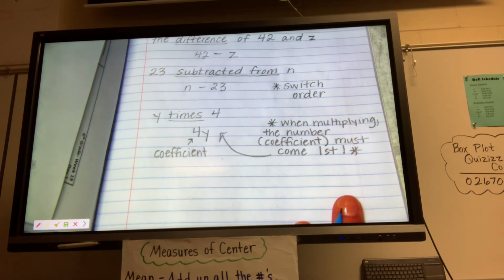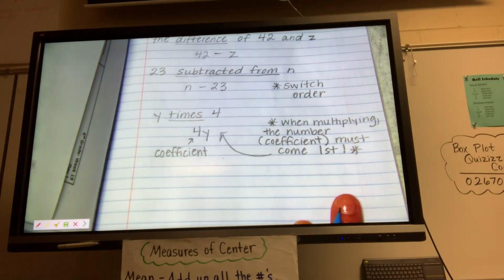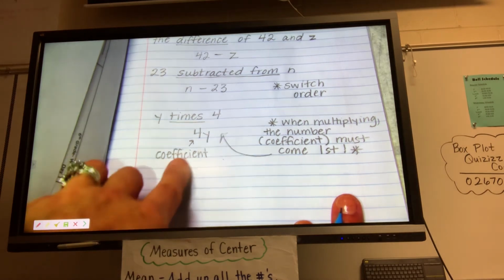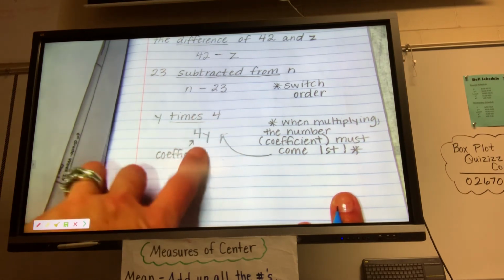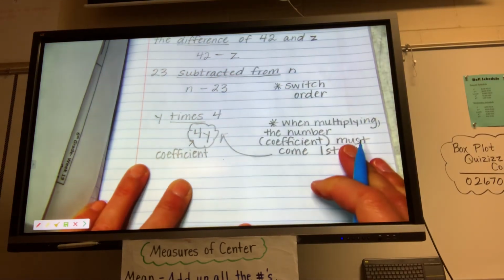So again, our number needs to come first, then our variable. Now, yes, our variable comes first in this problem, but when we're putting them together, because we don't want to use multiplication signs anymore, we're better than that. We're smarter than that. We know that when a number is smashed up against a variable, it means to multiply, so we don't have to use the multiplication symbol. Could you still use the multiplication symbol and put y times 4? Yes, you could. This right here just makes you look smarter, okay? It makes us look like 6th graders.